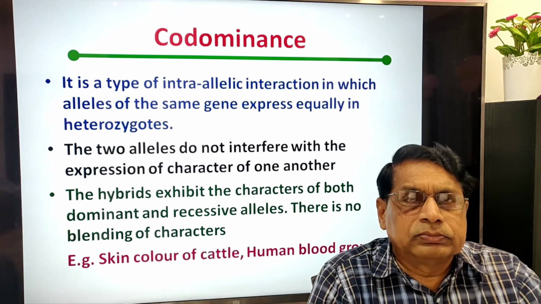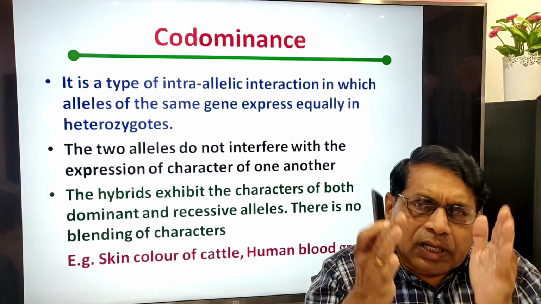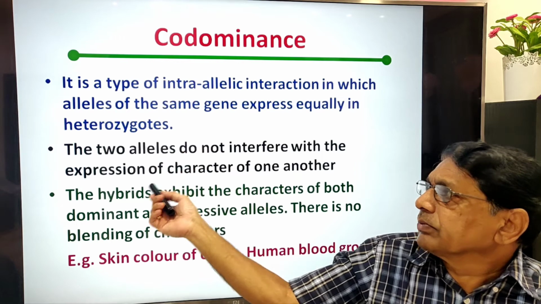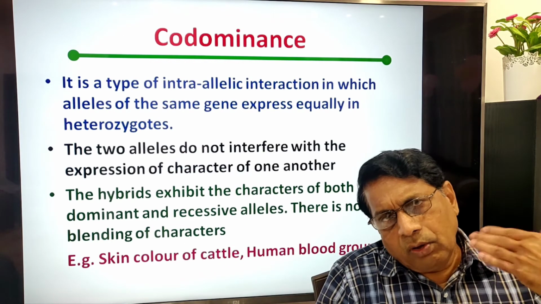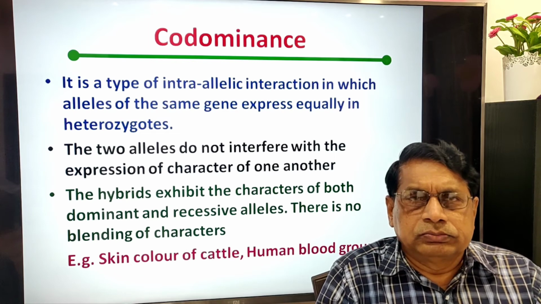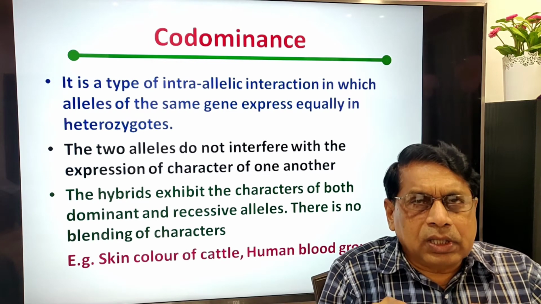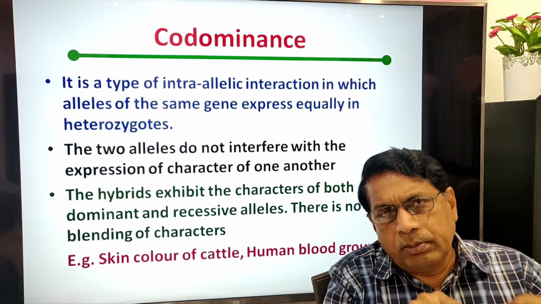But here what happened? Both the characters appear side by side in the F1 generation. In codominance, both the characters appear in the F1 generation side by side.